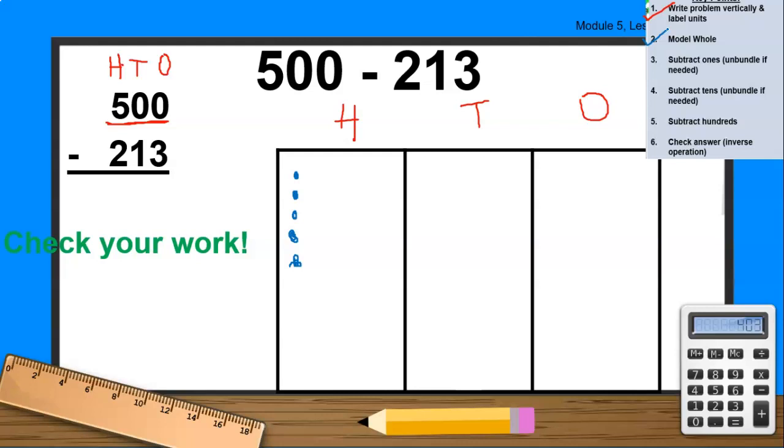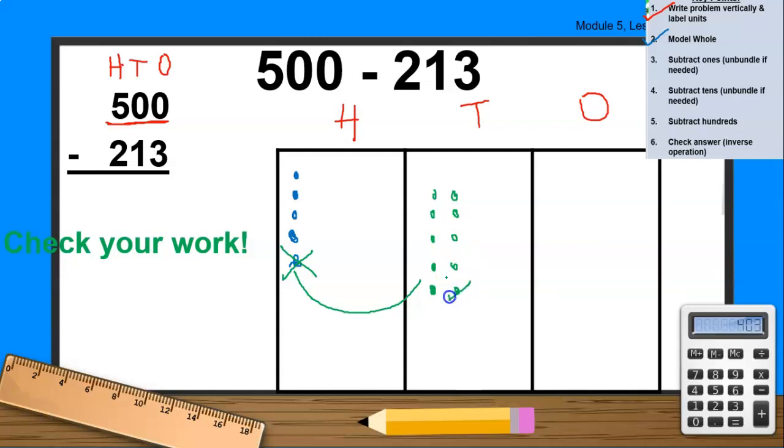We need to rename 100 as 10 tens, then cross out 1 ten and rename it as 10 ones. Okay? So look what I am going to do. I am going to cross out 100 and give 10 tens: 1 ten, 2 tens, 3 tens, 4 tens, 5 tens, 6 tens, 7 tens, 8 tens, 9 tens, 10 tens.